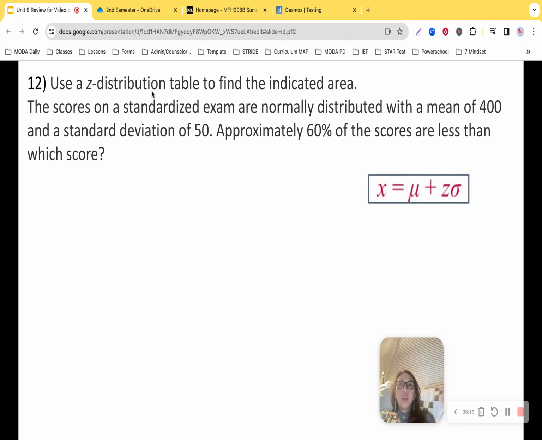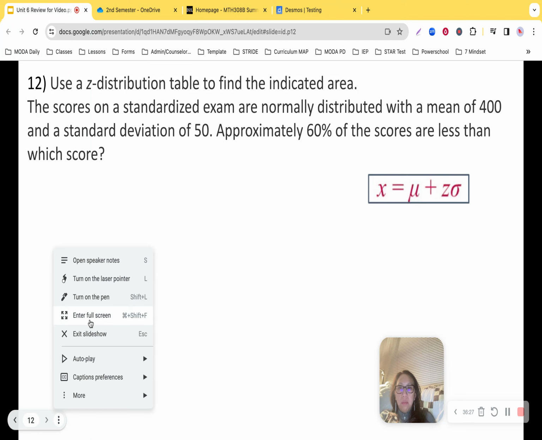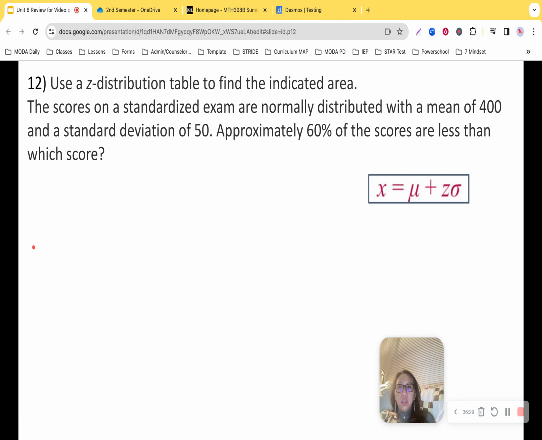If I'm going to visualize this on a graph, let me turn on the pen. So if I have my normal distribution here, and this is my mean right here, that's 50%.